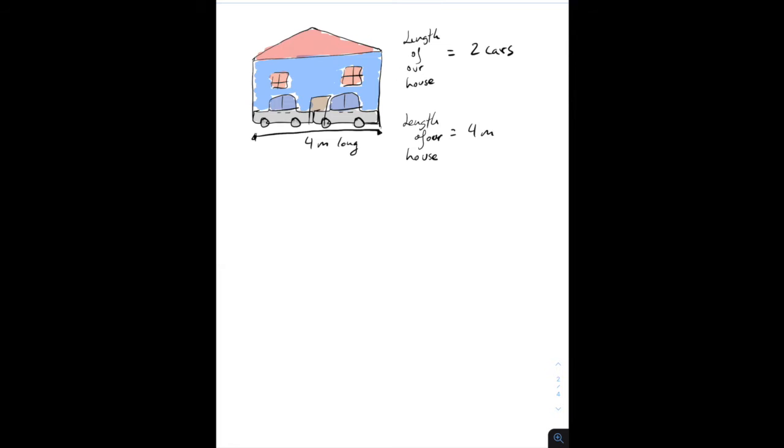In the example above, it would be a conversion that would allow us to convert from meters to cars, if that was what we were interested in.